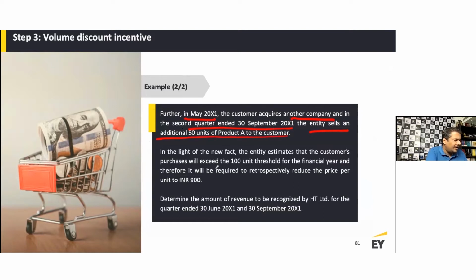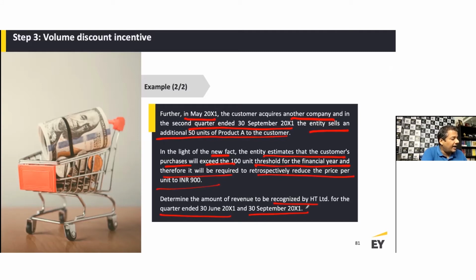In light of the new fact, the entity estimates that the customer's purchases will exceed the 100 unit threshold for the financial year, and therefore it will be required to retrospectively reduce the price per unit to INR 900. Determine the amount of revenue to be recognized by HT Limited for the quarter ended 30th June 2001 and 30th September 2001.